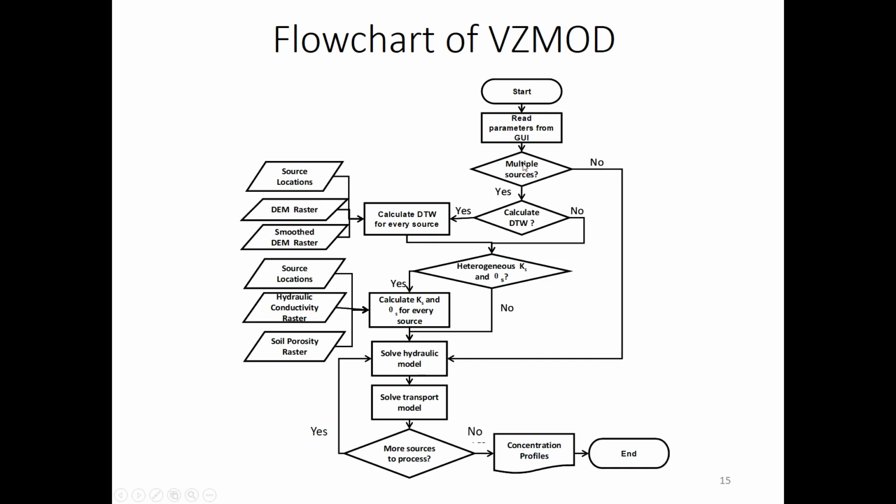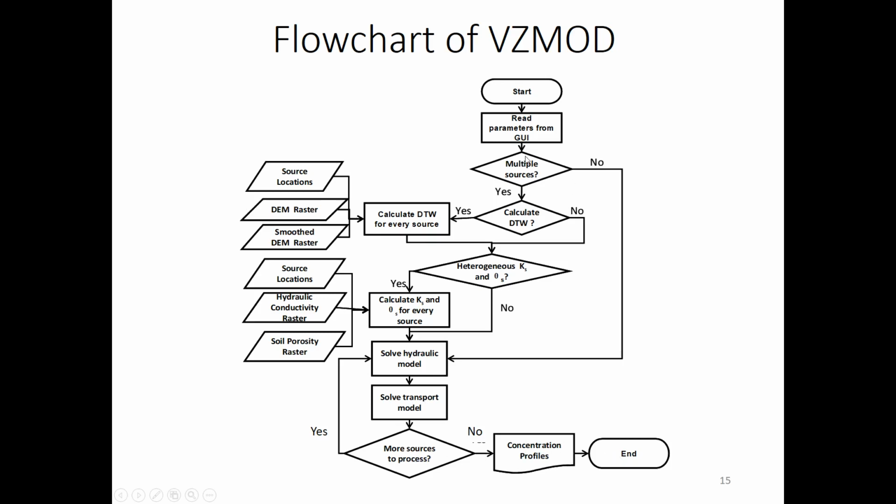Say if there's only one septic tank, not multiple, it goes this way, and you will run a flow model and run a transport model. This is for 1D vertical flow. This is for 1D transport of ammonium and nitrate, and then there is no more source to process. Then you write everything to the text file, the txt file, and then you're done.